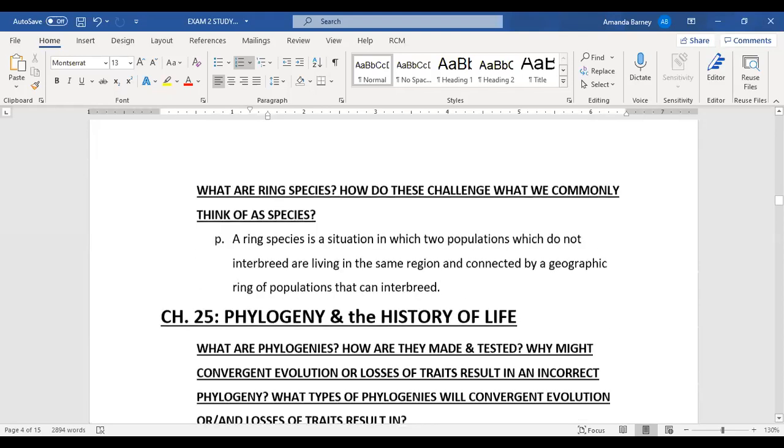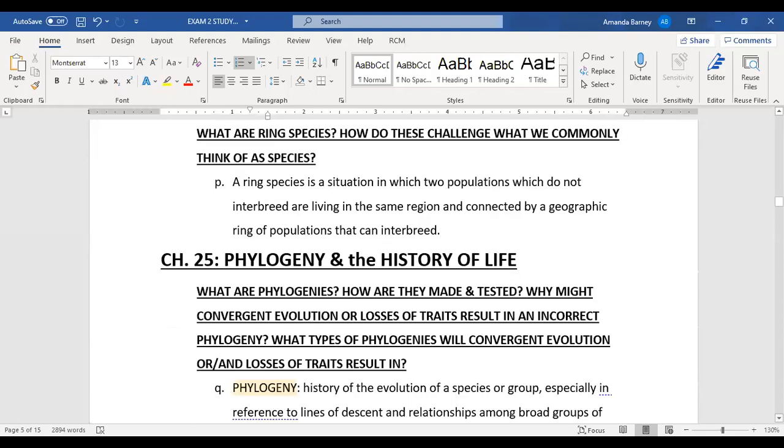So the ring species, this one's pretty straightforward. Say you have population 1 and it can breed with population 2, and that can breed with population 3, they can breed with population 4 and around the circle, and then all of a sudden you get to 7 and 7 can't go back and breed with 1.